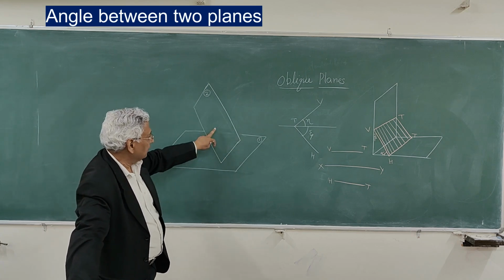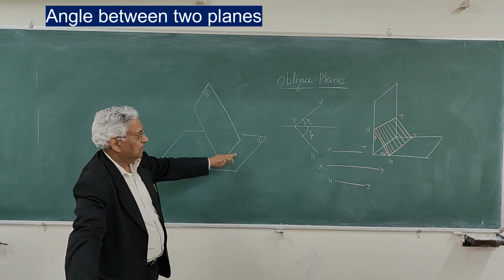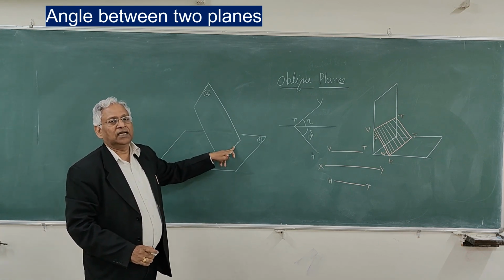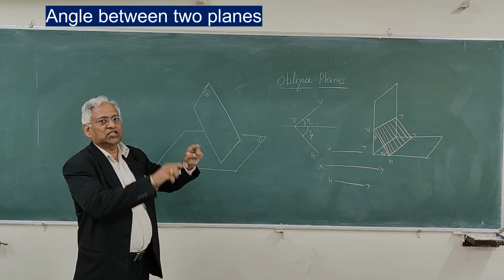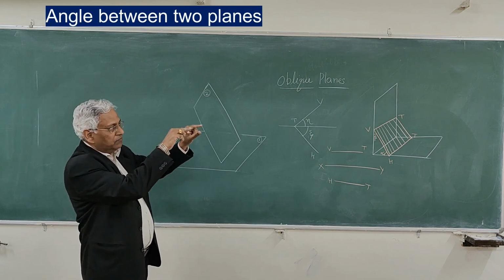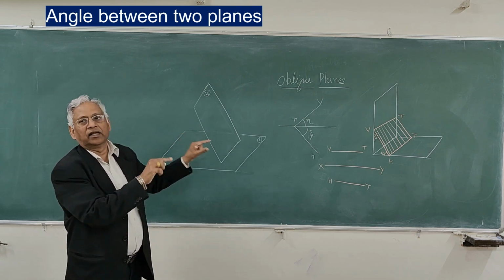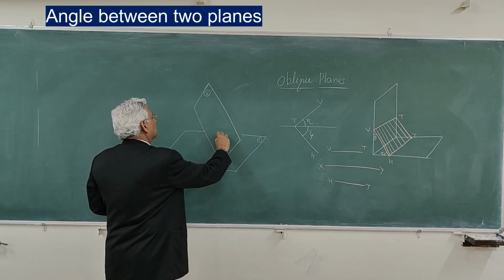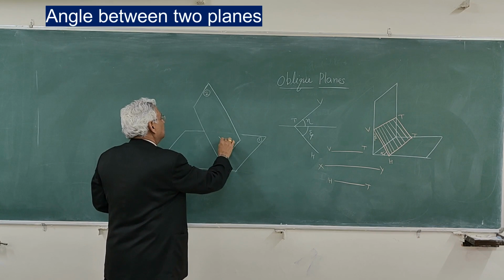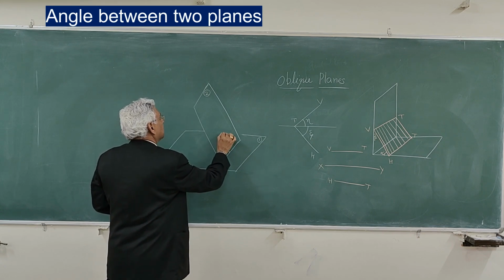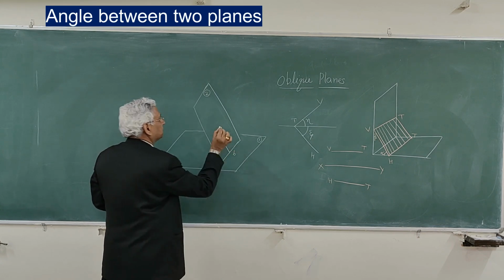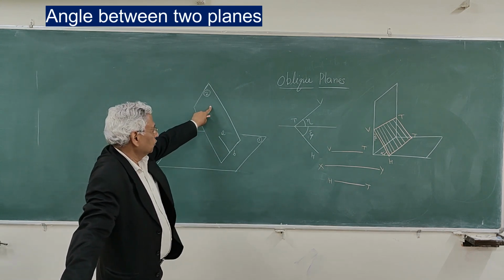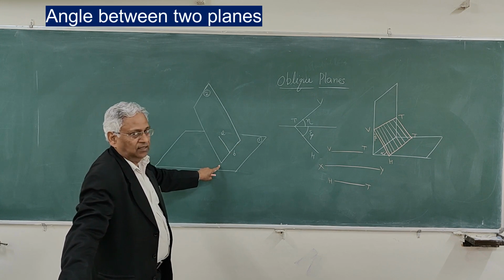Now to find out the angle between these two planes, we will take a plane which is perpendicular to both of them, and then these planes will project as two lines, and the angle between those two lines will be the real angle. So what we do, practically you draw a line in plane number 2, let us say AB, which is perpendicular to this intersecting line.